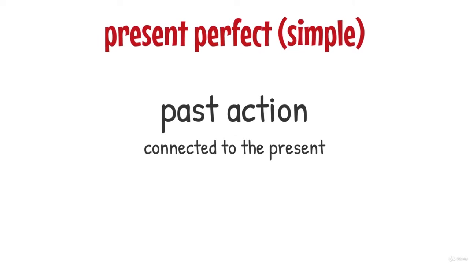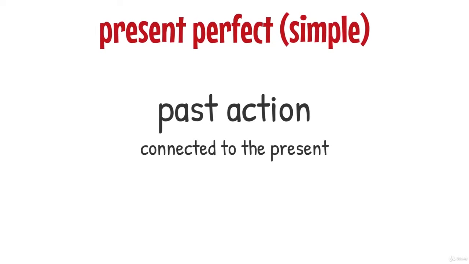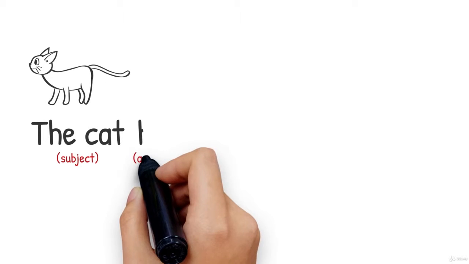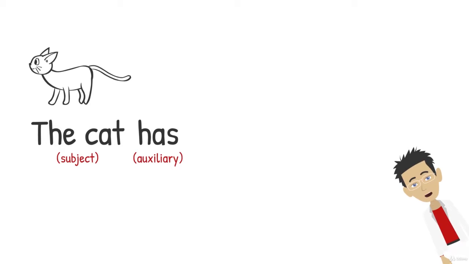It's not the most obvious tense, especially if you don't have anything similar in your language. Okay, what does the sentence in present perfect look like? First, as usual, comes the subject, followed by auxiliary verb have or has. Yes, you heard me correctly.